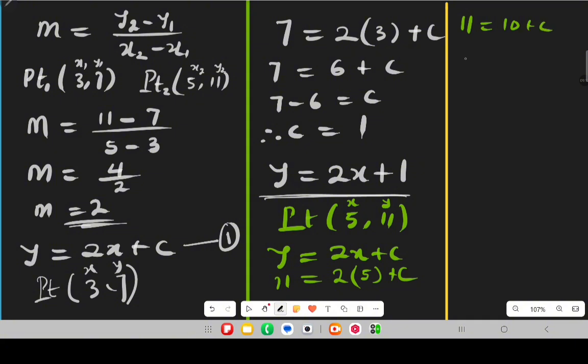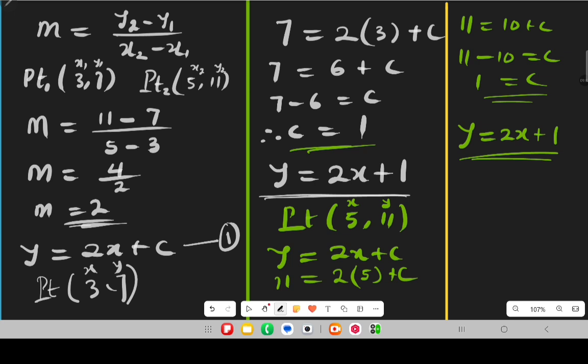When we collect like terms, the 10 crosses the sign of equality and becomes minus 10, so 11 minus 10 gives us 1 equals c, which is the same value as the first one. When we substitute c equals 1 in equation 1, we have y equals 2x plus 1, which gives us the equation.